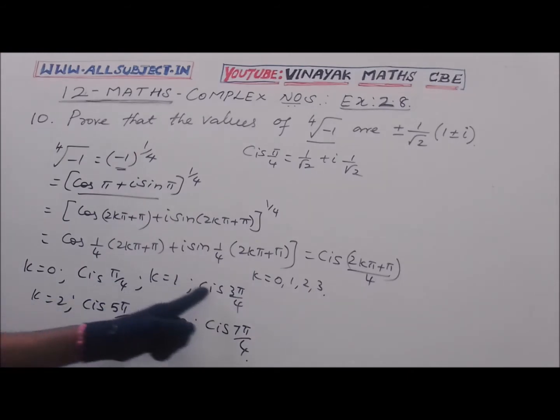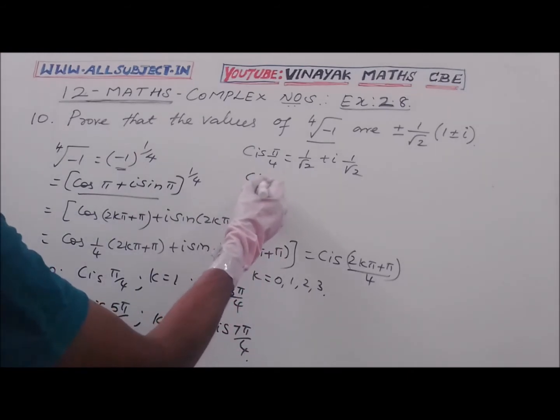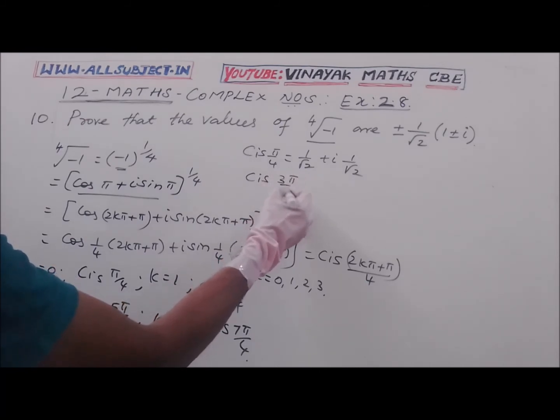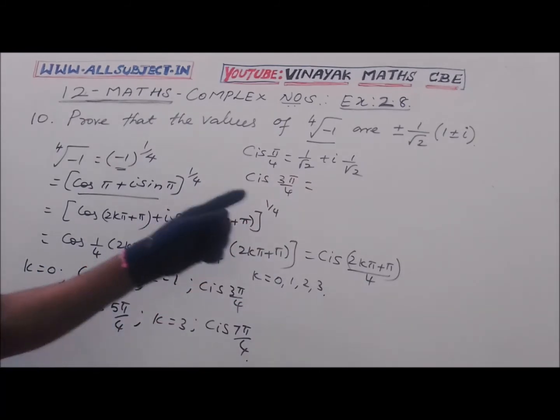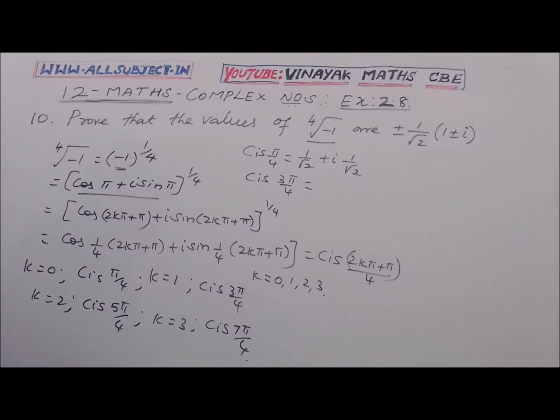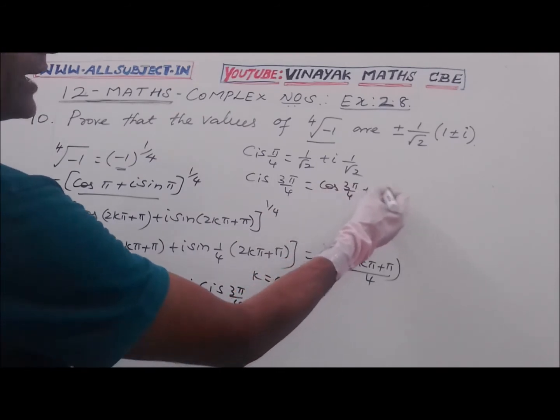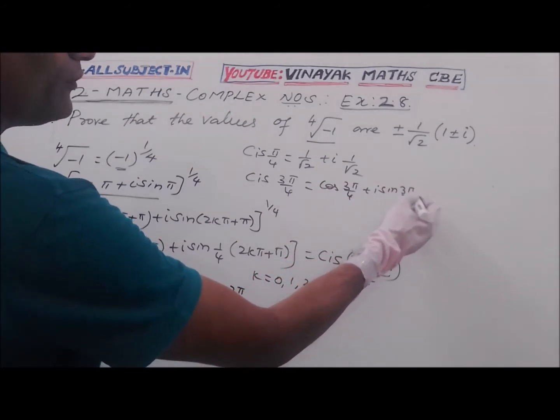And then cis 3 pi by 4, a multiple of pi by 4 with 3. 3 pi by 4 means cos 3 pi by 4 plus I sin 3 pi by 4.